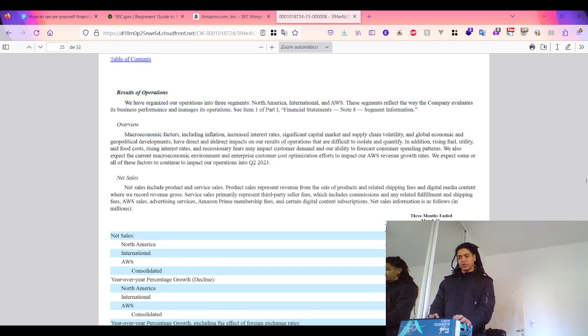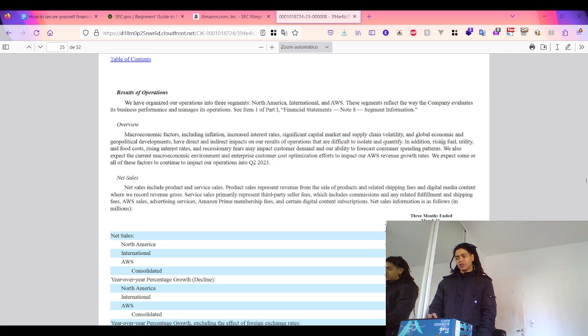Macroeconomic factors including inflation, increased interest rates, significant capital markets and supply chain volatility, and global economic and geopolitical developments have direct and indirect impacts on our results of operations that are difficult to isolate and quantify.